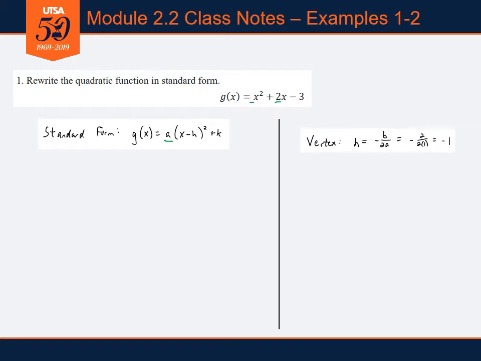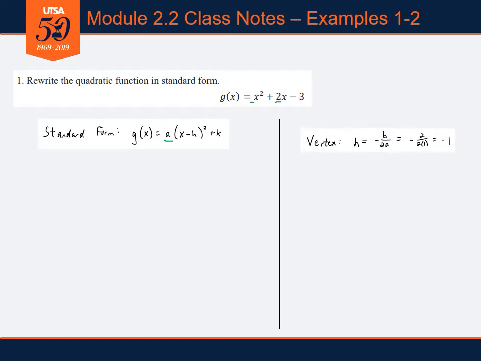So we've got negative 2 over 2 times 1, plugging our value for b and our value for a into that formula, and reducing that fraction. We have negative 2 over 2, which is negative 1. So our h equals negative 1.